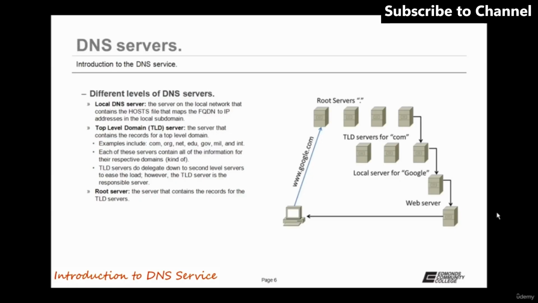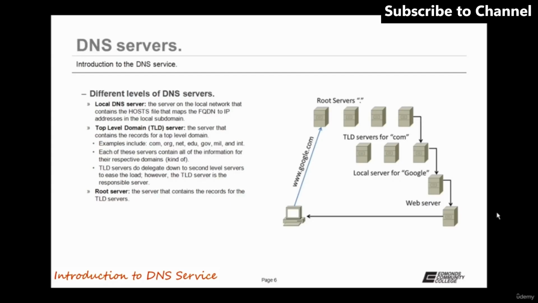Now each of these servers contains all of their information for their respective domains, kind of. And what do I mean by kind of? Well, the TLD servers do delegate down to second-level servers their information. They do that to ease the load so that the TLD server is not overloaded.